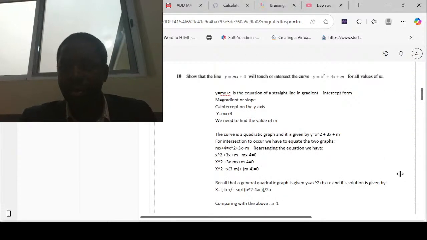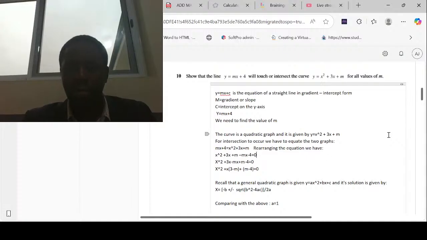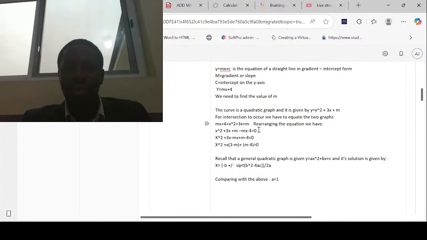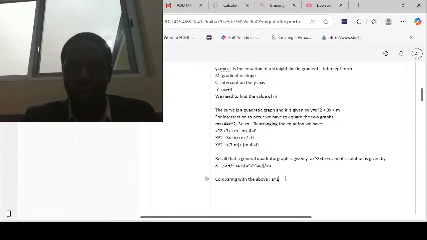So a is 1 because x squared doesn't have any coefficient. b is, what do you think the value of b is? That's 3 minus m, the coefficient of x. And c is the remaining constant term, m minus 4.